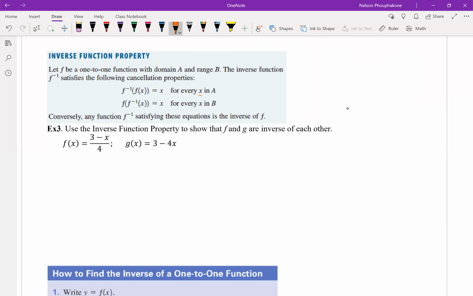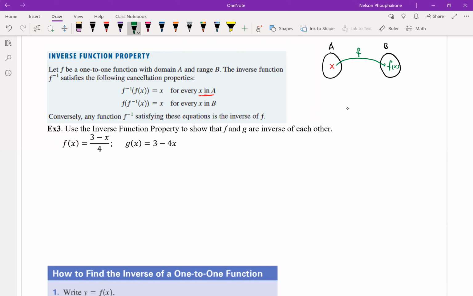Now consider that we have two sets. This is the set A, and this is the set B. In set A, let us use x. So in this first situation, x is in A, and if we go through the function f, the output must be f of x.